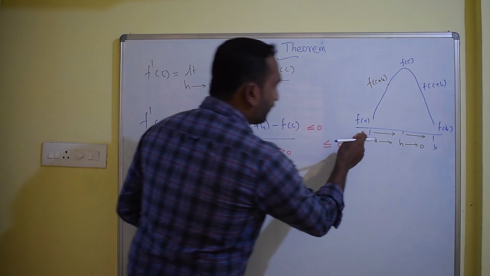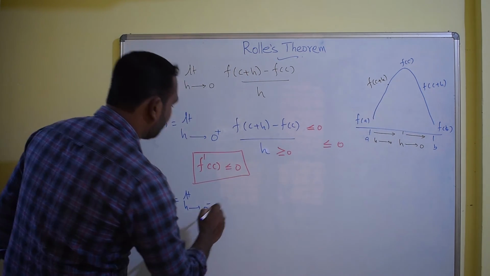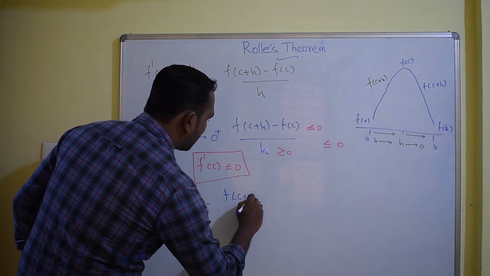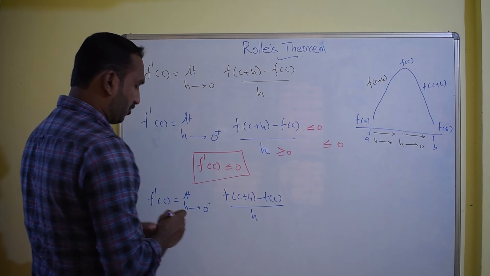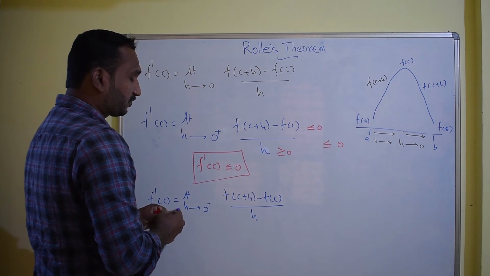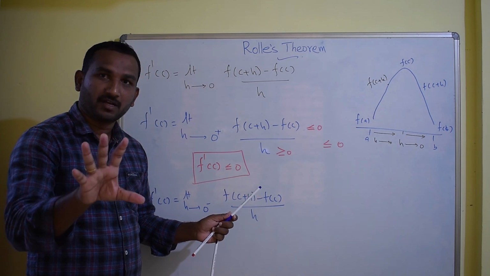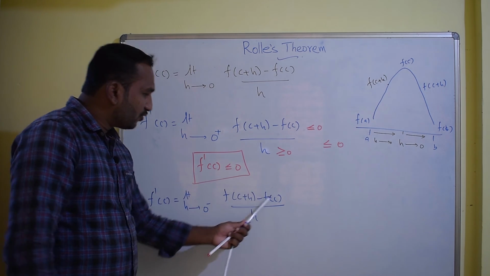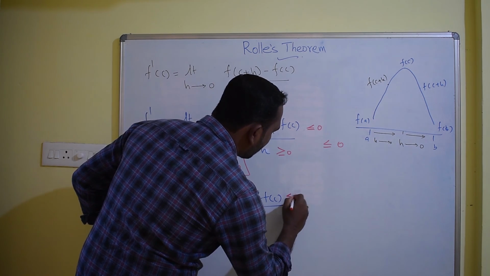Now it is from the left hand side, so obviously h will become negative. Now f of c plus h minus f of c divided by h. In this argument, the numerator will never change anything because f of c is the biggest value or the maximum value. Using that, this will become again less than or equal to 0.